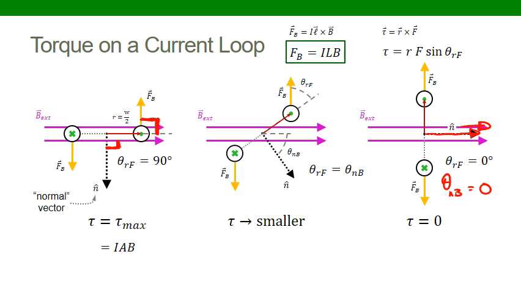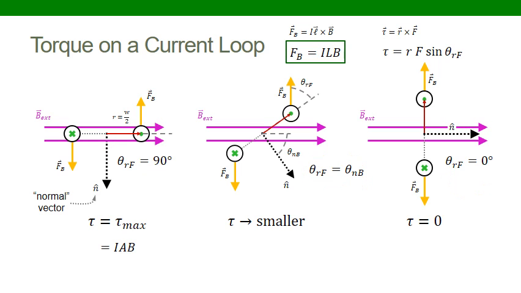In fact, no matter what orientation you have, it turns out that if I use this normal vector, the angle between the normal vector and the magnetic field is exactly going to be the same as the angle between my distance from my rotation axis, that vector, and the force vector that's doing the twisting.